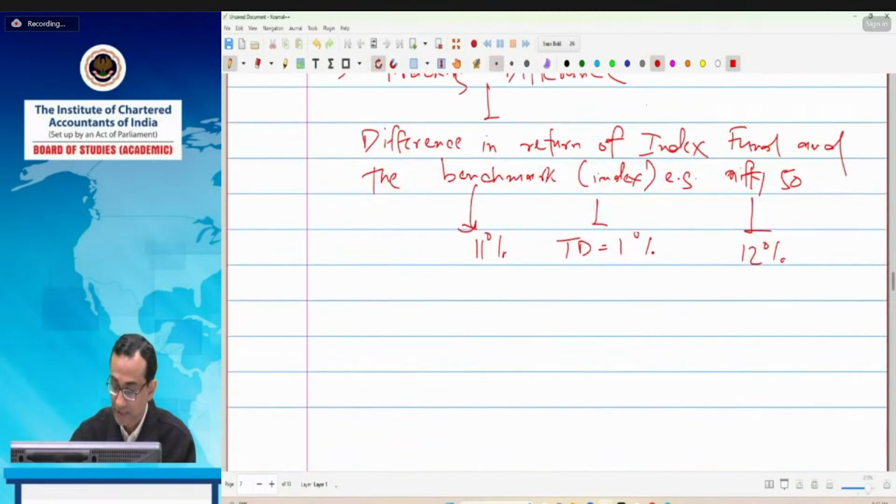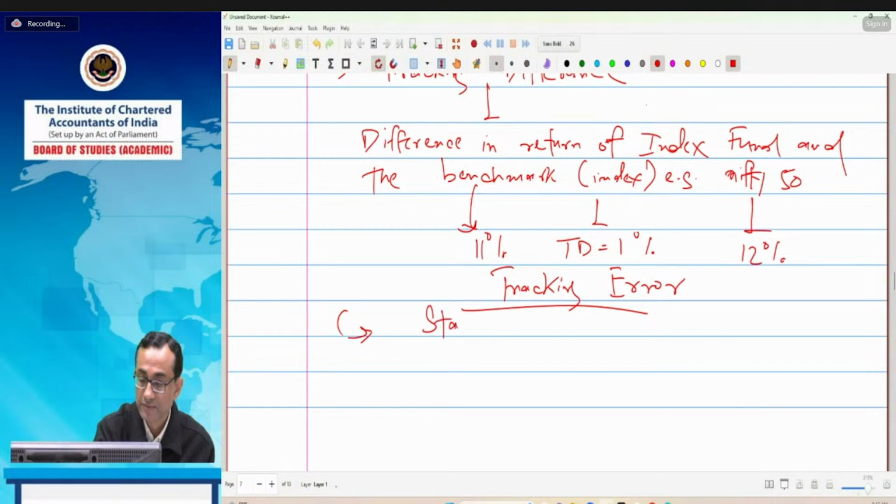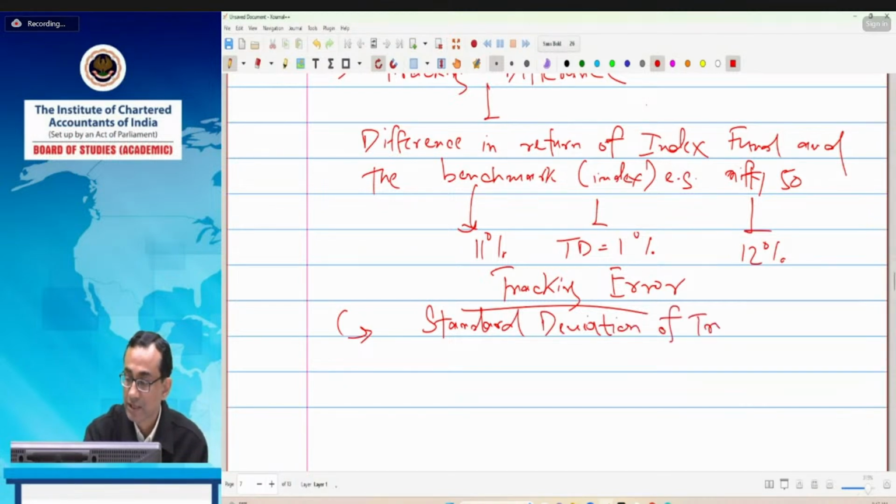And what about tracking error? What is tracking error? Tracking error is basically, in simple language, the standard deviation of tracking difference.